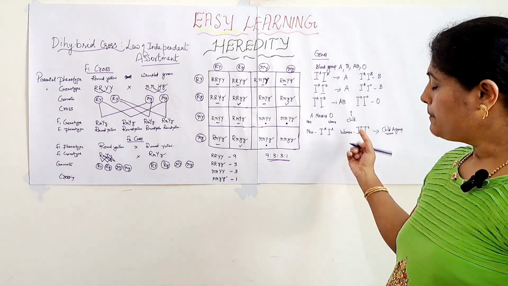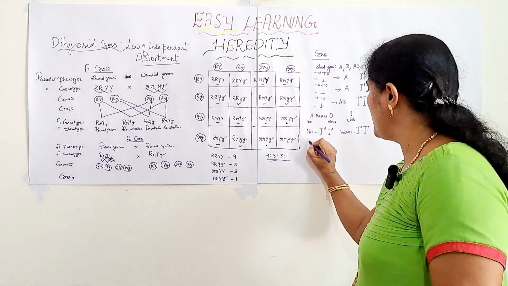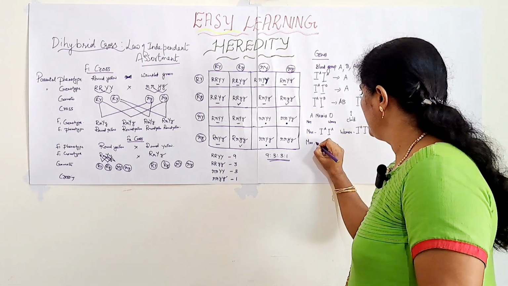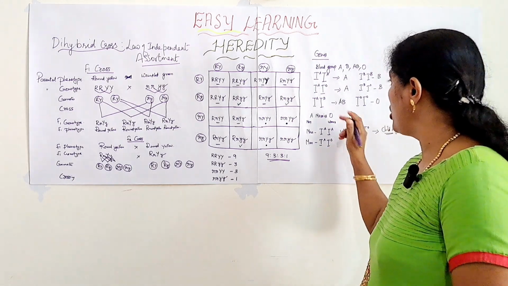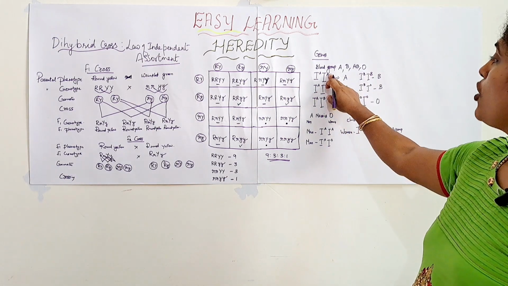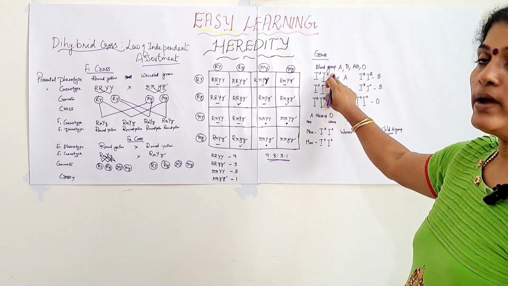Okay. But if the genotype of the man is IA and IO, because these blood groups have two varieties of genotype.